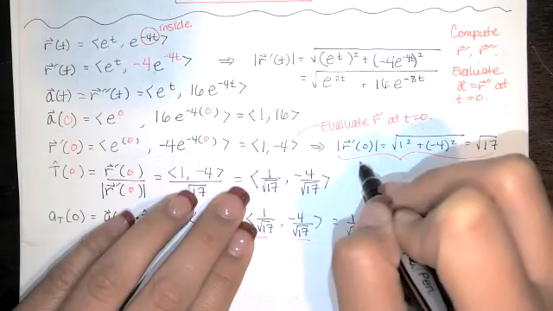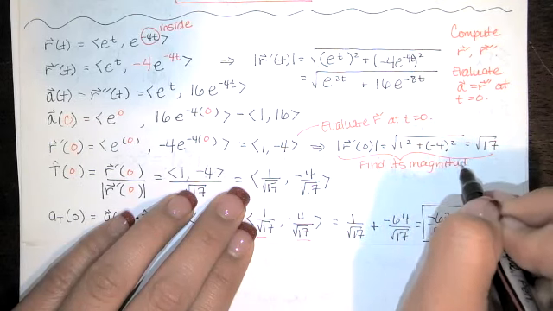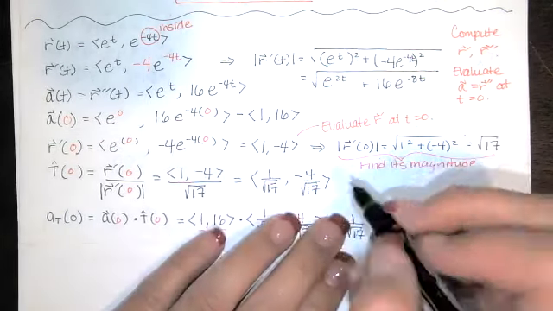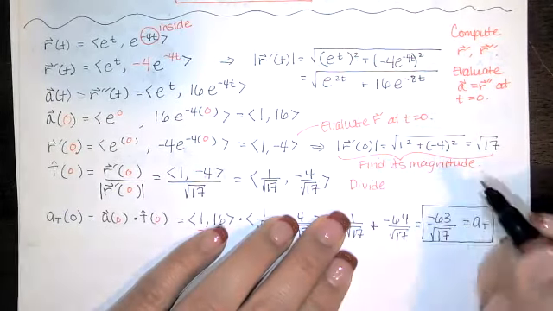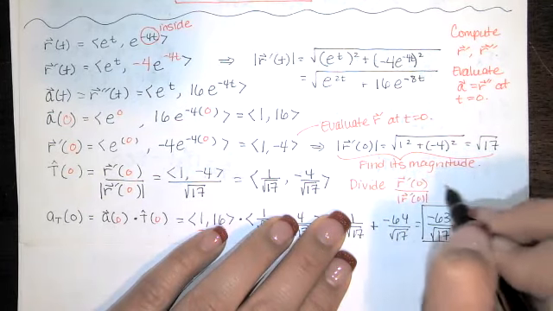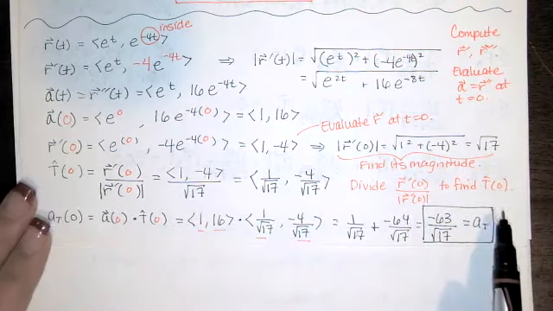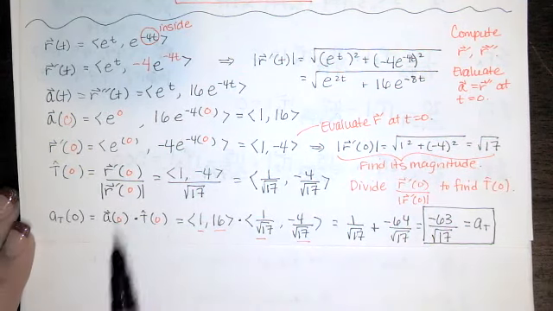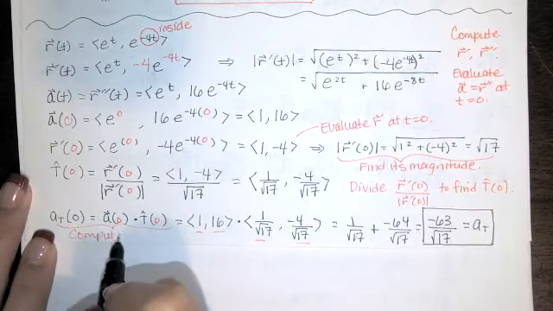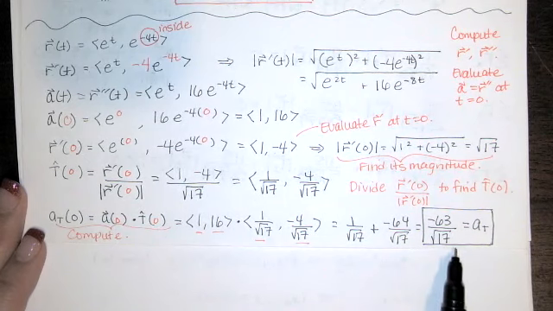Find its magnitude right here. And then we just take this vector and this magnitude and we divide to find t hat. And then from there, you've got your t hat at 0 and your a at 0. You take the dot product. So we compute that.